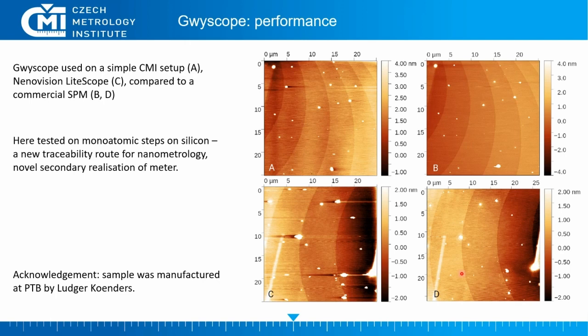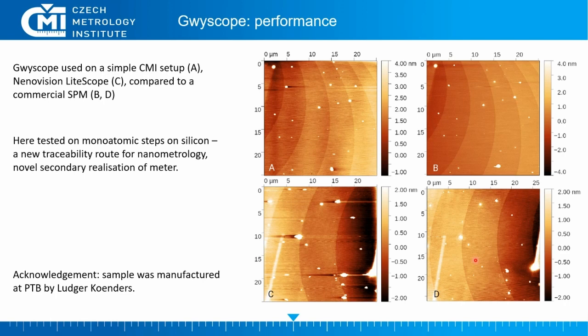And here you can see A and C are measurements using the LiteScope DSP, B and D are measured using a commercial SPM, quite a good commercial SPM, and you can see that the images are quite similar, and also if you would analyze it, the noise levels are quite fine for the LiteScope. So we believe it's quite good electronics.